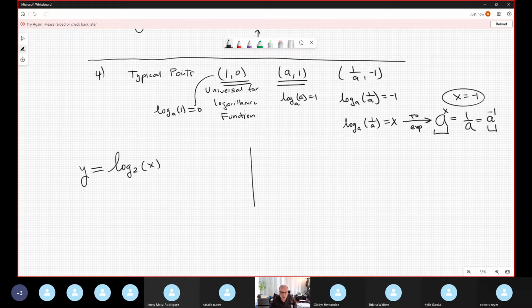You have the plane, x and y. You plot 3 points. The first is the universal point, which is here, 1, 0. I plot this point. The second point, in our specific example, is 2, 1, because the base is 2. This is 2, and this is 1.